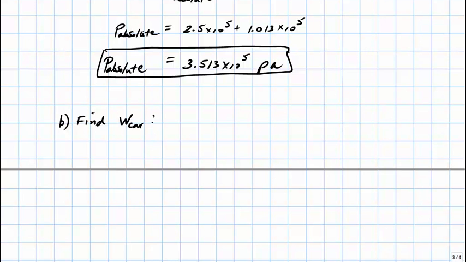Now, in order to find the weight of the car, we need to consider the flat portion of the tire, that flat area that comes into contact with the surface. That area looks like this.